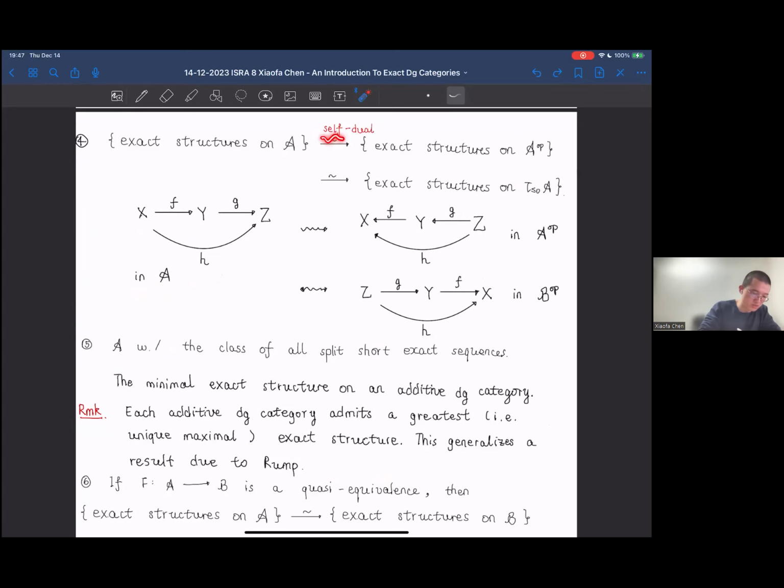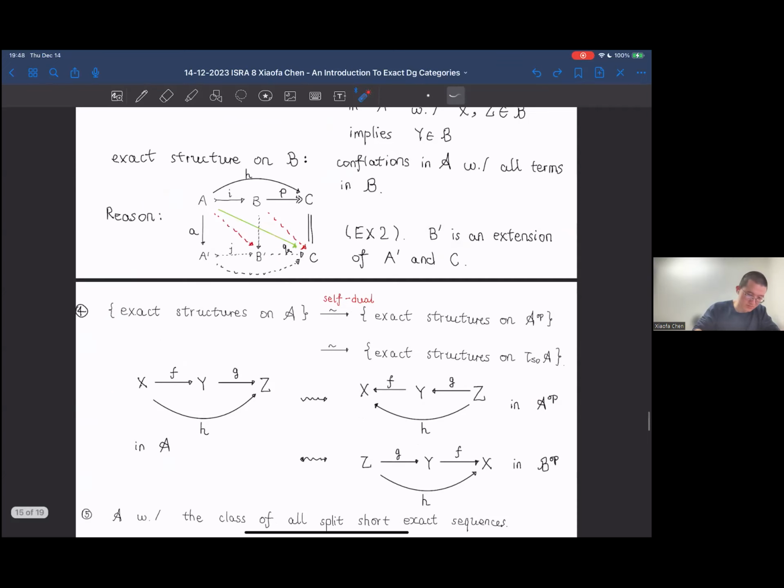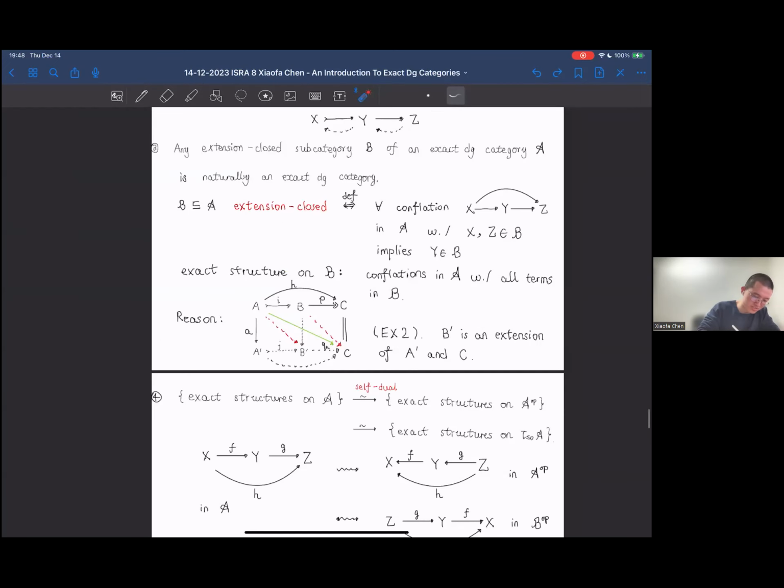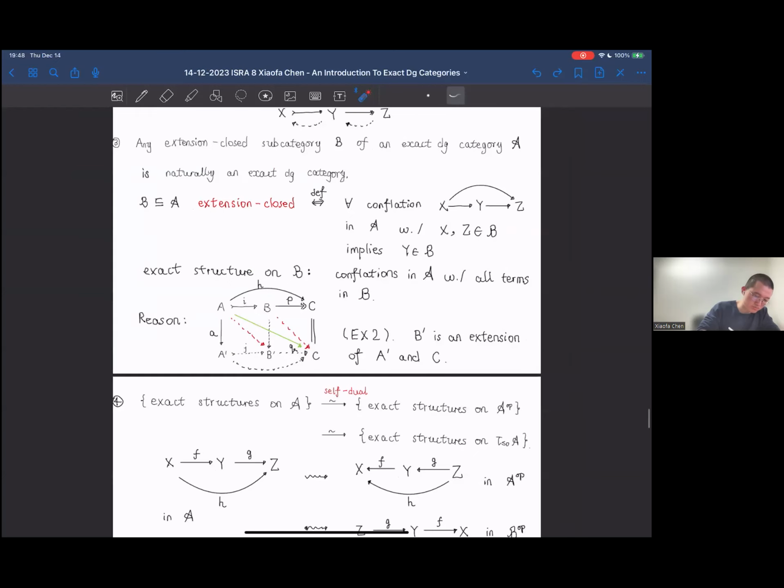Namely, if we have a conflation in A, we have these three-term homotopy complexes, then we can get a corresponding diagram in the opposite of A. We have a canonical isomorphism between B and B op, where B is this path category.